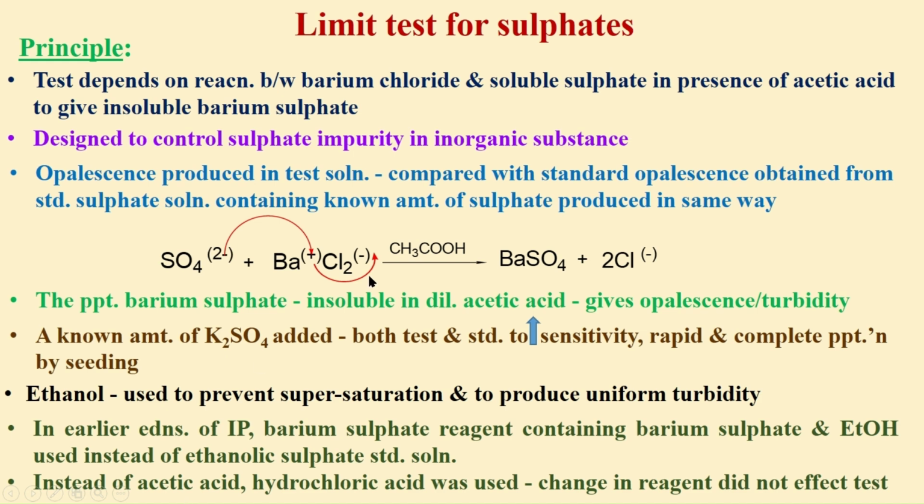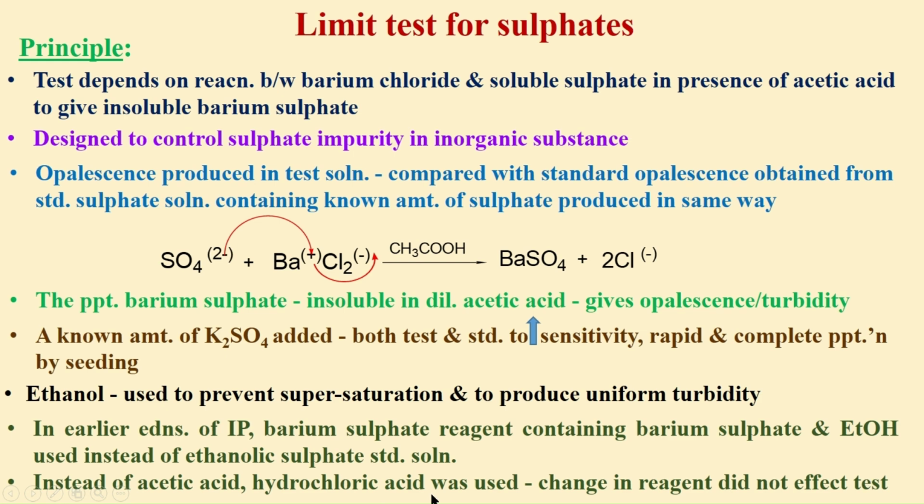In earlier pharmacopoeias, instead of acetic acid, hydrochloric acid was used. Hydrochloric acid is comparably a harsher reagent than acetic acid, and that's why in the more recent pharmacopoeias, hydrochloric acid has been replaced by acetic acid. This replacement of HCl by acetic acid did not affect the barium sulfate formation and the sensitivity of the test.